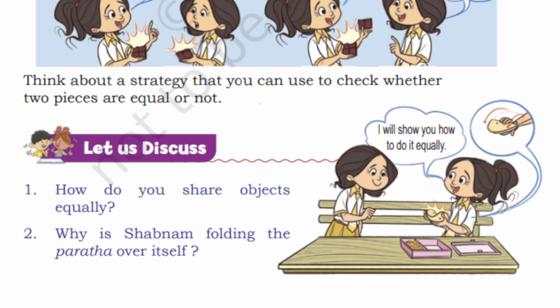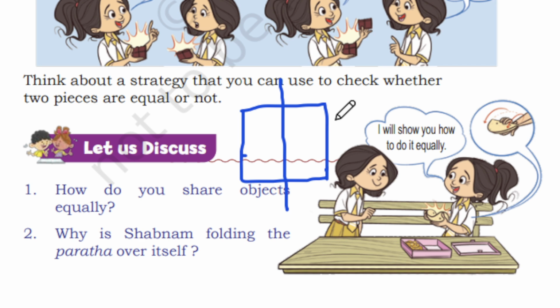For example, if you have a square-shaped paper and you want to share it equally between two friends, what you have to do is cut the paper in the center and take two halves. You can cut vertically or horizontally, whichever you feel comfortable with, and both parts are the same size.